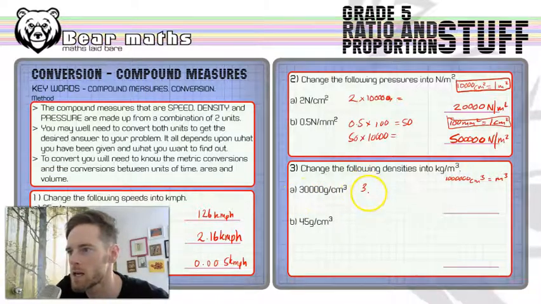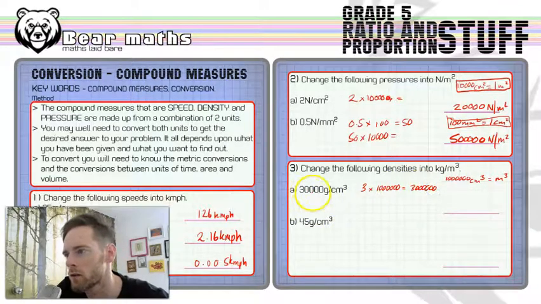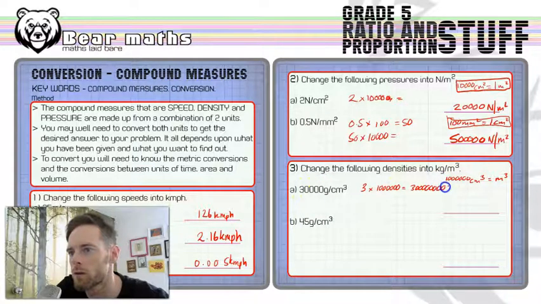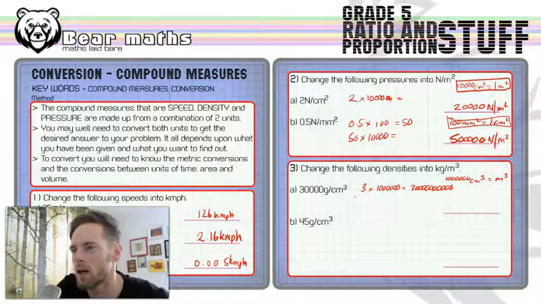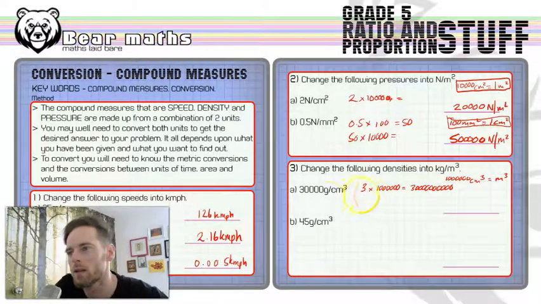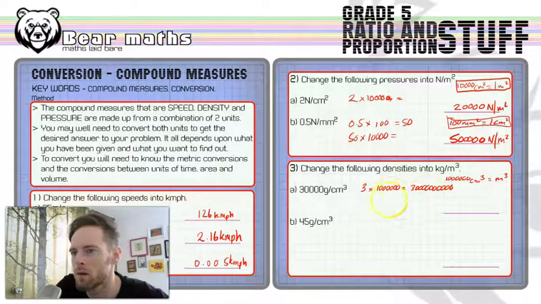So 3 multiplied by 1 million is 3 and 6 zeros, but then we need to put in the 4 extra zeros. I'm not even sure what number that is, maybe 30 billion. So there you go, you've got that massive number.